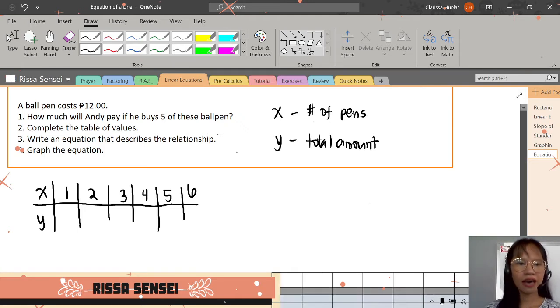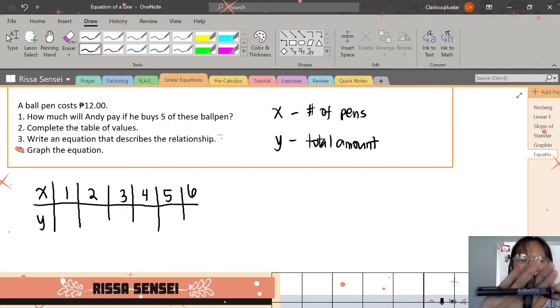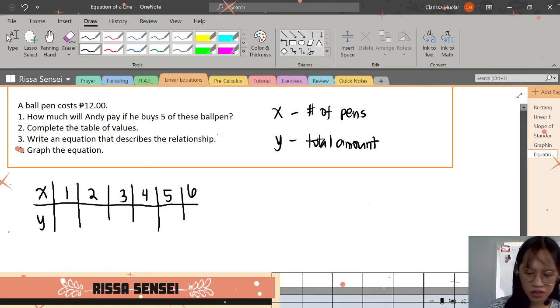So, to get that, di ba ang sabi, ang isang ballpen ay 12 pesos, pero mahal to in real life. So, 12 pesos.